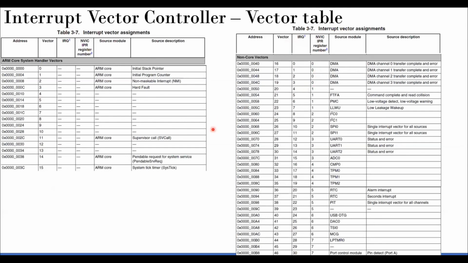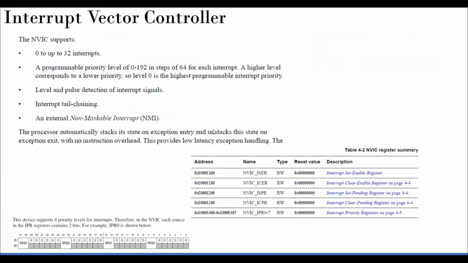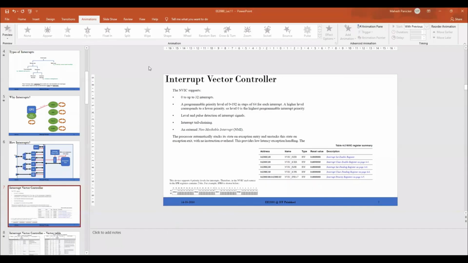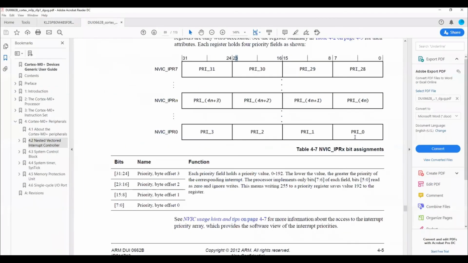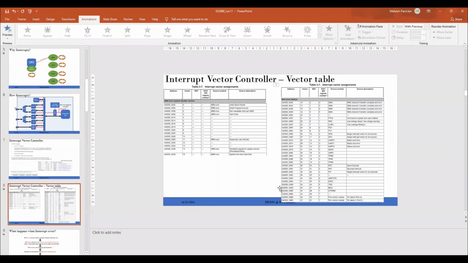Now, please allow me to go back to this register. So this is what I was telling you. So 0, 1, 2, 3. All these are zeros. NVIC IPR 0, right? Those are these 4 registers.